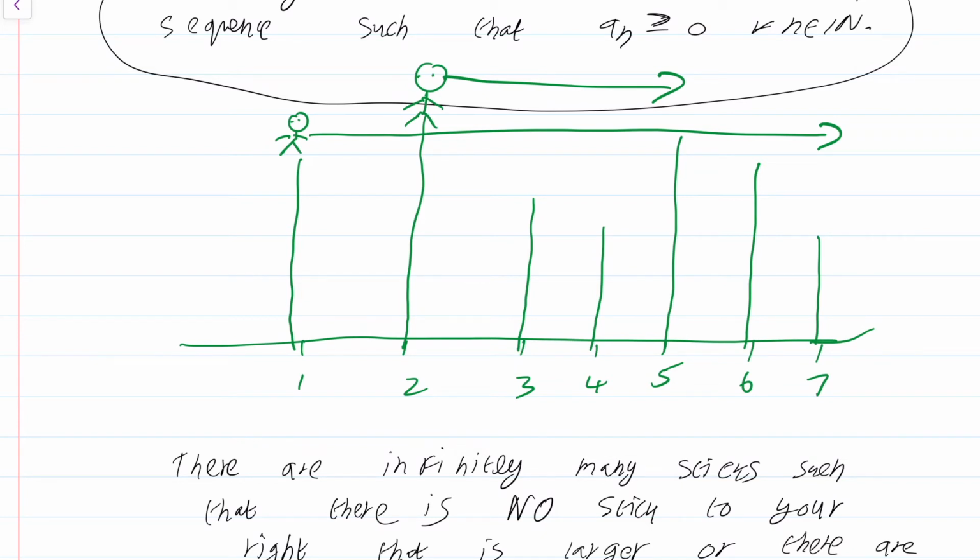No matter where you stand, after a particular point, there will be some finitely many sticks for which this is not true. Let's say till the sixth stick. You will not be able to find a larger stick to your right. But after a point, every stick that comes will have the property that when you look to your right, there will be some stick at least that is larger.